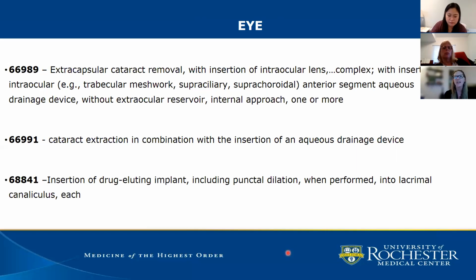This is the extracapsular cataract removal with insertion of an intraocular lens. For 66989, this is when it is a complex procedure, whereas 66991 is more of a routine cataract extraction. And then down at the bottom, we have 68841, which is an insertion of a drug-eluting implant.